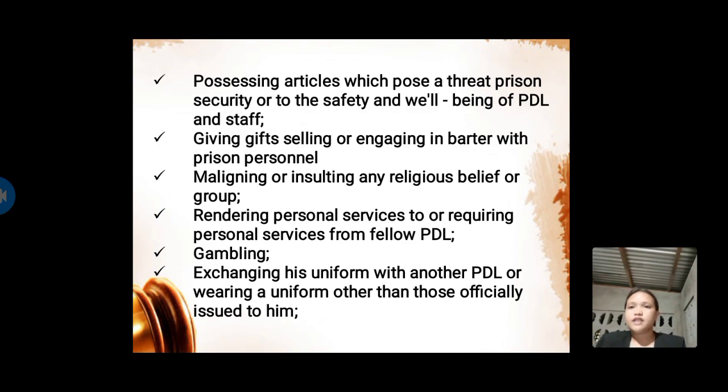Next is giving gifts, selling or engaging in barter with prison personnel. Next, we also have gambling and exchanging his uniform with another PDL or wearing a uniform other than those officially issued to him.